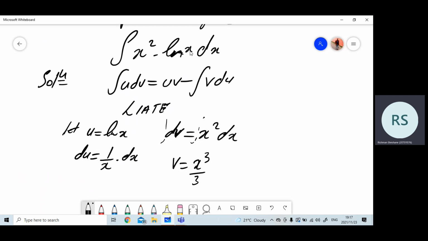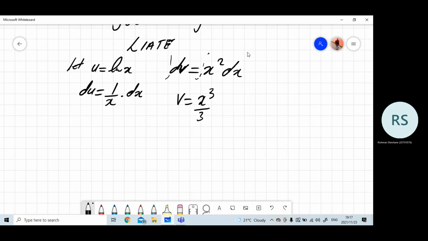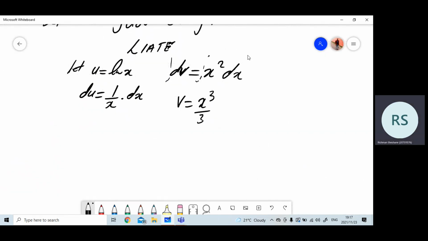We want to integrate x squared times ln x dx. We said this is u and this is dv. So now it follows the integration by parts formula.